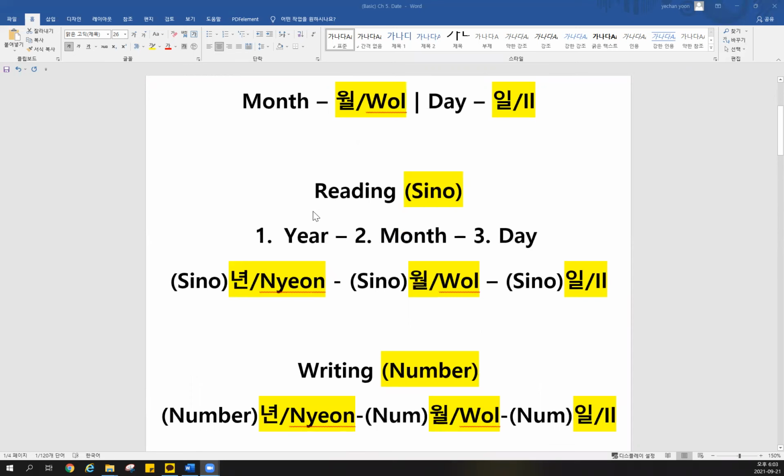Next, the reading. For reading, we use the Sino version, based on Chinese pronunciations. You know the Sino version, right? 1, 2, 3, 4.